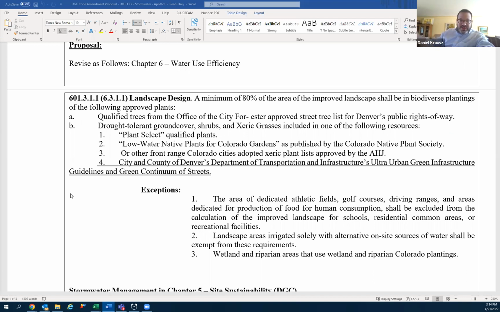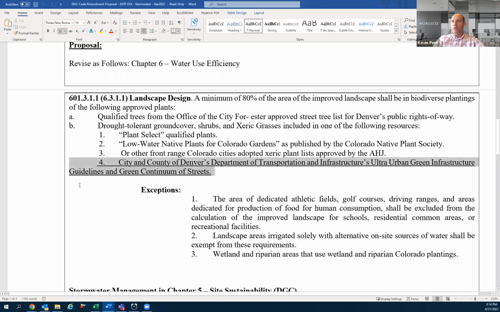We wouldn't be rewriting the entire section as written here. It would just be item 4 added to whatever our current 601311 looks like. I don't have that section readily available in front of me, but maybe we can have someone else weigh in if we were just going to add item number 4 to that.